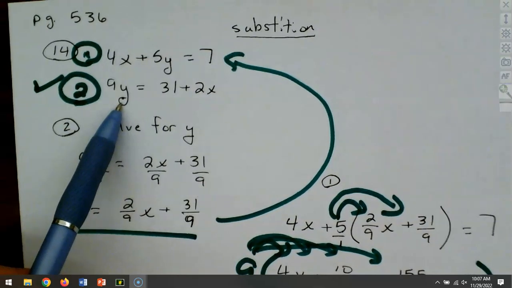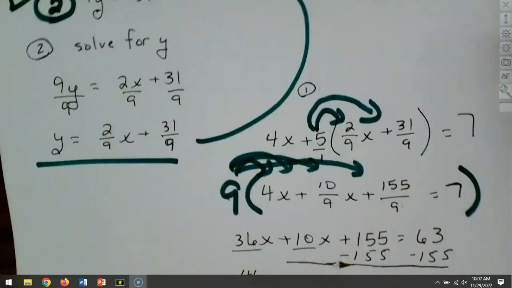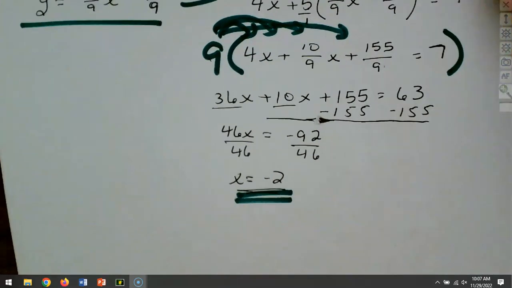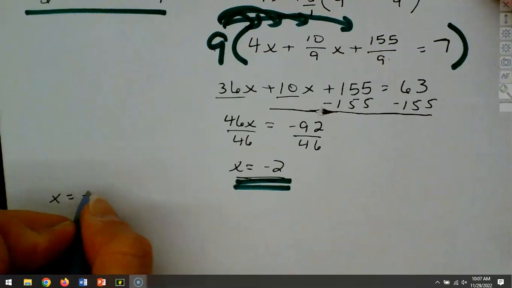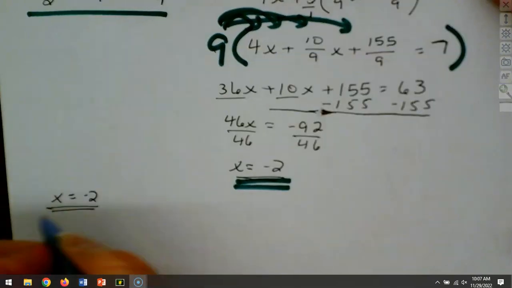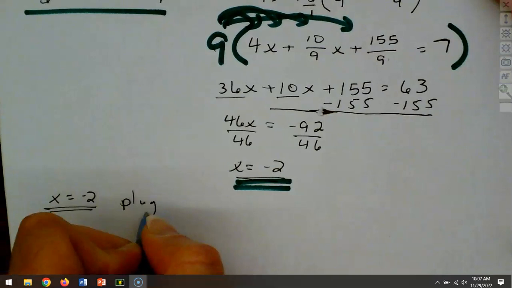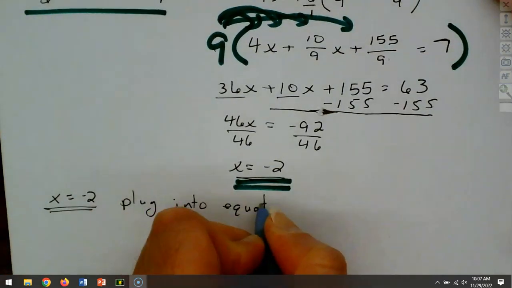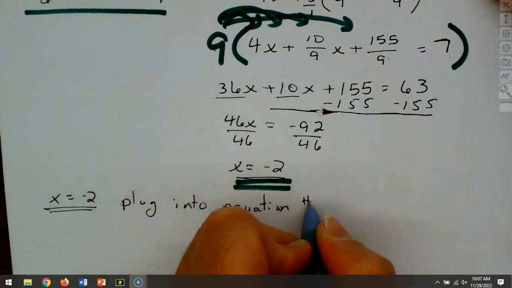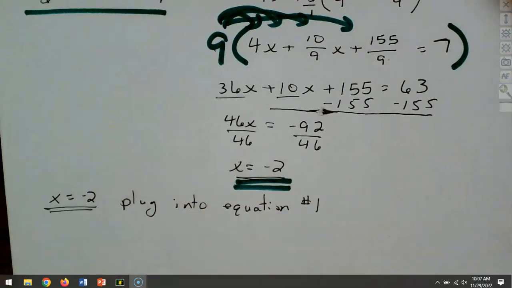Okay, so let's just plug it into the first equation. So we've got our negative 2. We're going to plug that into our first equation.